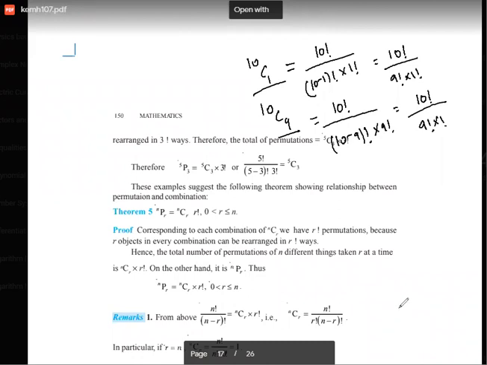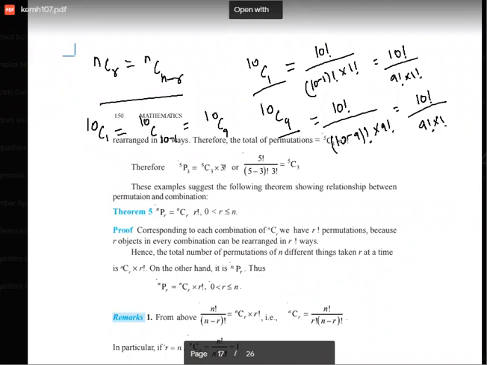So can I conclude this? If we have NCR, can I write it like this, NC N minus R? Yes or no? See, I use this example, which is 10C1 is equal to 10C 10 minus 1, which is equal to 10C9.